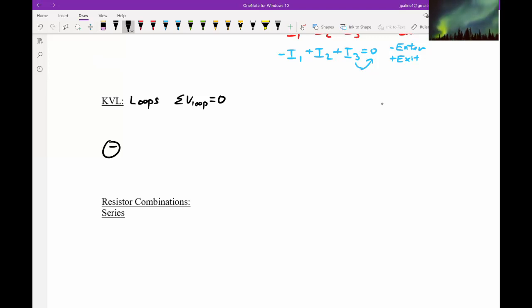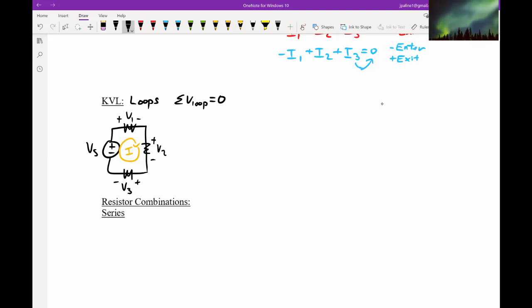Meaning that if we had something like this, V of S, and our terminals here, call that one V1, V2, and then V3. Since this is a loop, the same current is going to run through it. So we'll just call that our current I.